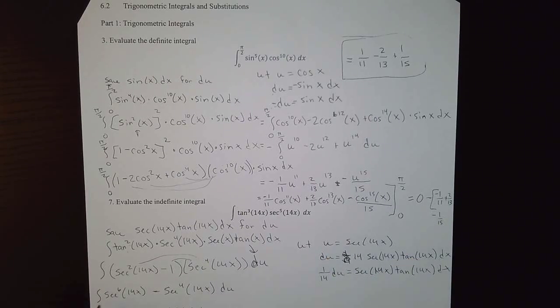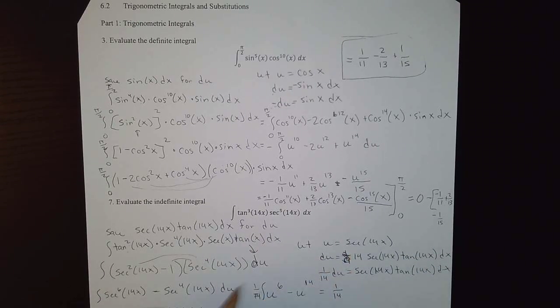Using this u substitution, we can rewrite this integral as u to the 6th power minus u to the 4th power, and we have to bring out the 1/14. And so now what we're left with is 1 over 14.